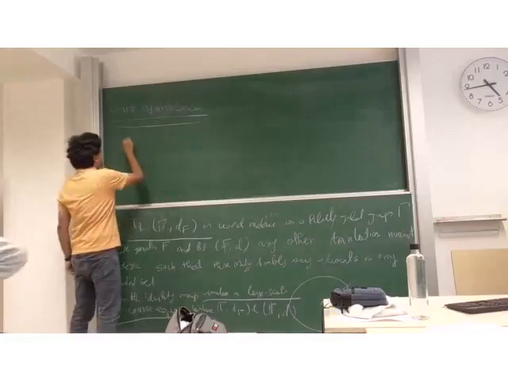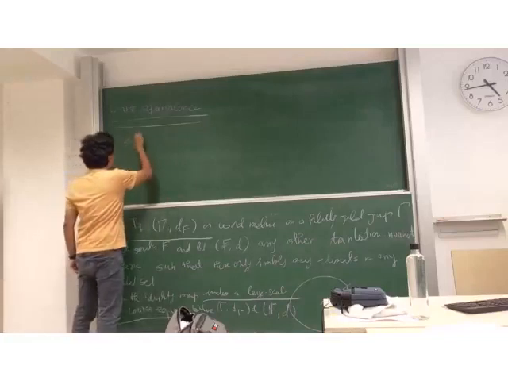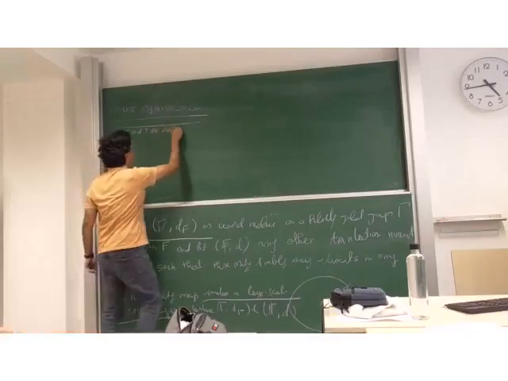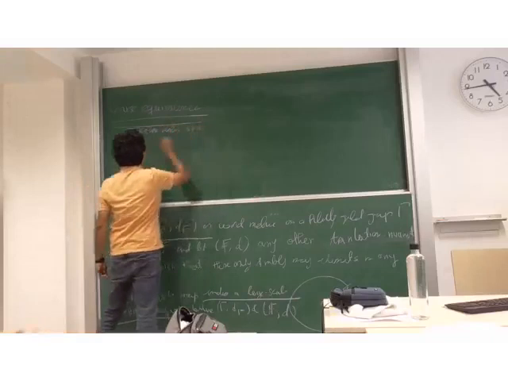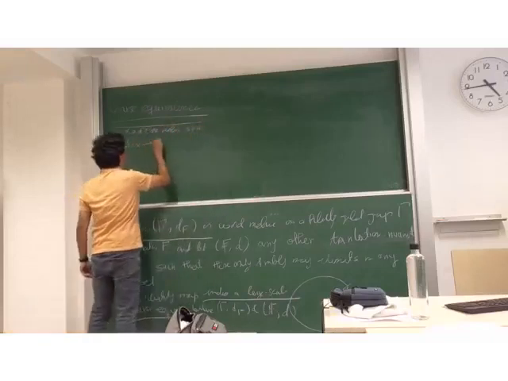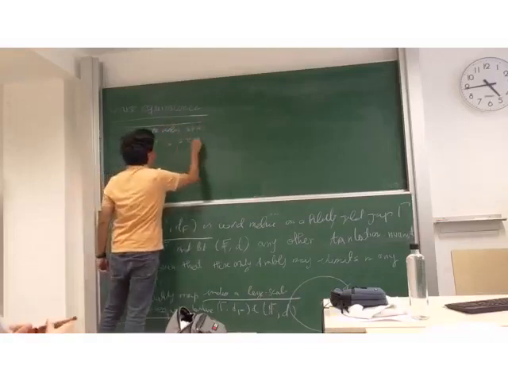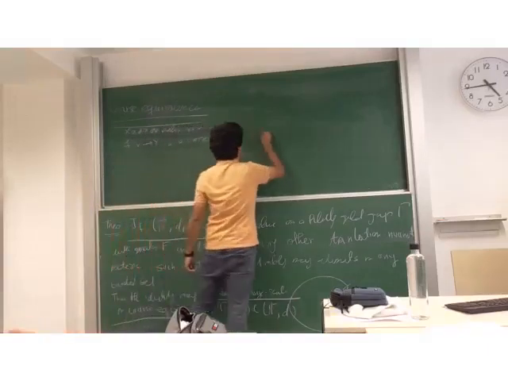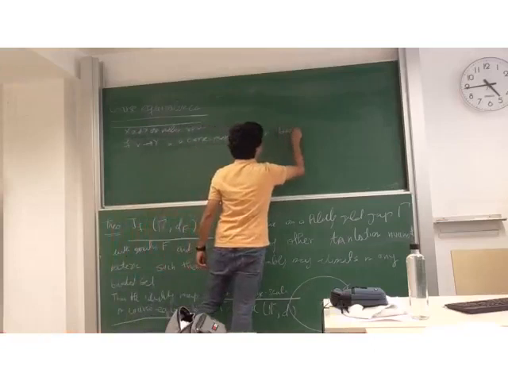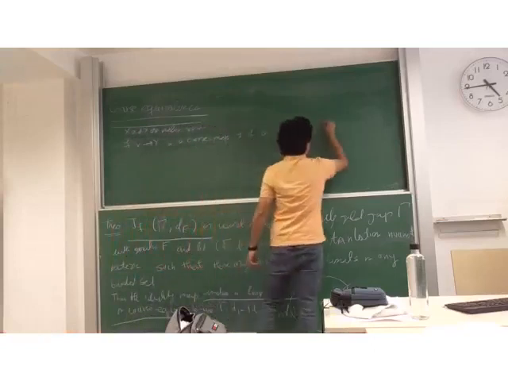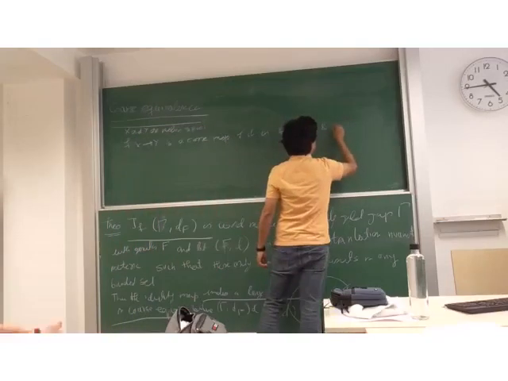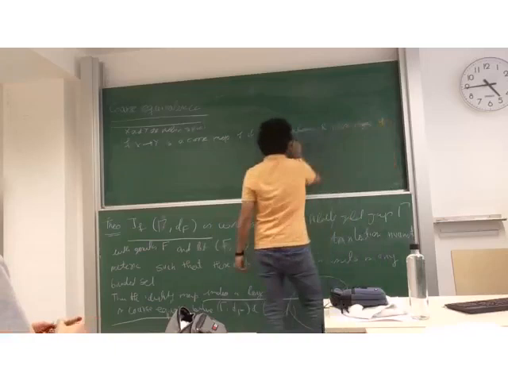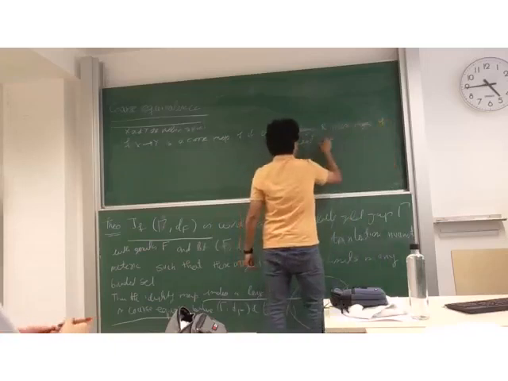So we defined, if X and Y are metric spaces, we define f from X to Y to be a coarse map if it is metrically proper, that is, inverse images of bounded sets are bounded.